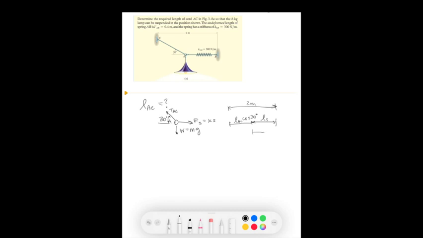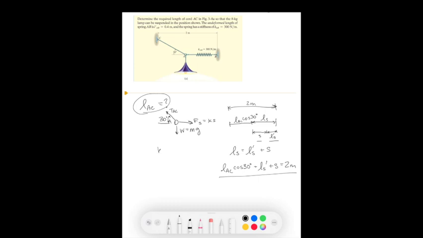And the length of that spring is its initial unstretched length, which we'll write like this, plus how far it stretches. In other words, the length of the spring is equal to its initial unstretched length plus how far it stretches. And we know that all of this is equal to 2 meters. Okay, so we're going to need that equation later on to be able to solve for what we're looking for.